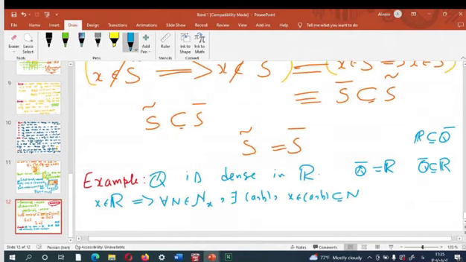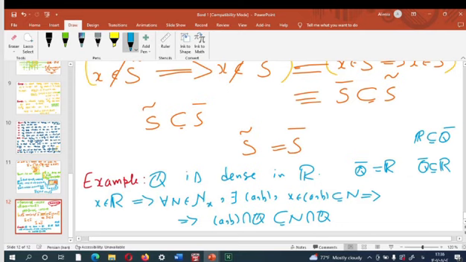Now we see that this interval intersected with the rational numbers is a subset of this intersection by this relation.